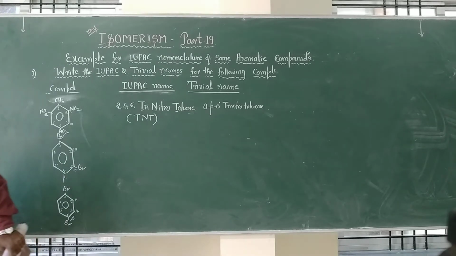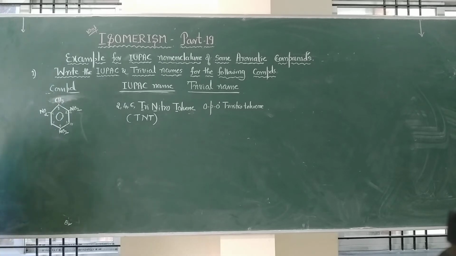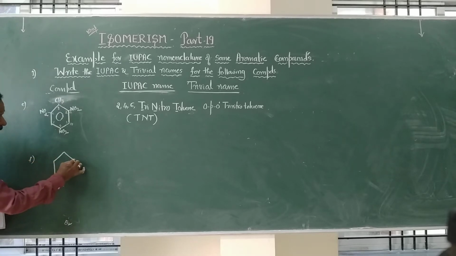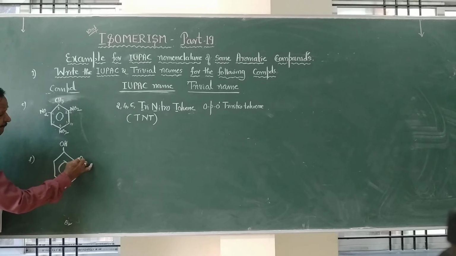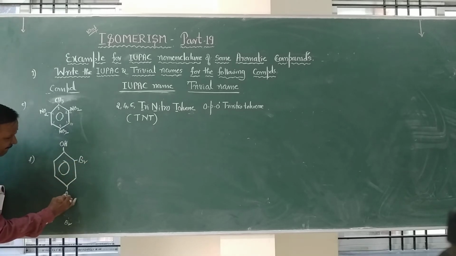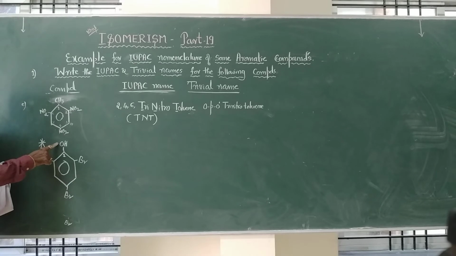And if you take the second one, this is A, B, C, D, E, this is F. If you take this compound, this will be OH, and this is Br, this is Br, and this is Br. Be careful here, because in the preferential order OH comes earlier than Br, hence this should be number 1.